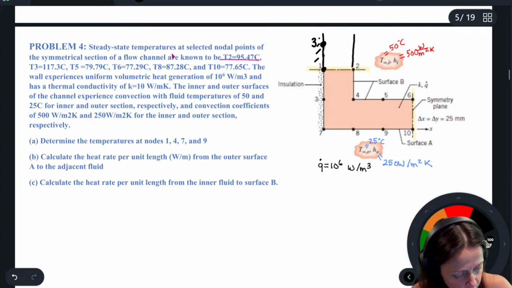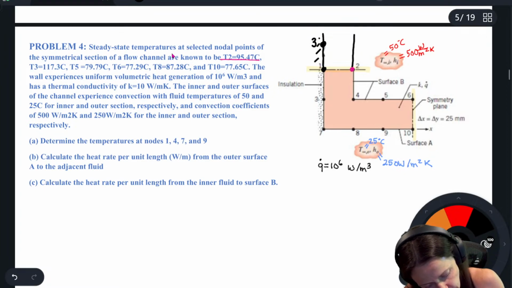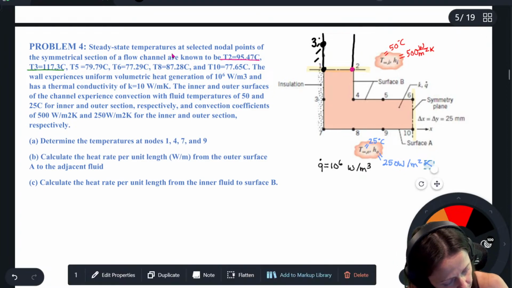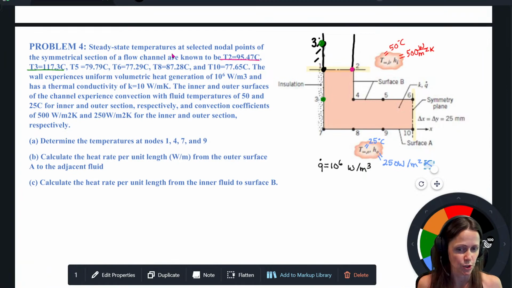T2 is going to be in pink. That's that guy. And T3 is going to be in green, so that I can take advantage of thermal symmetry when I do my energy balances.